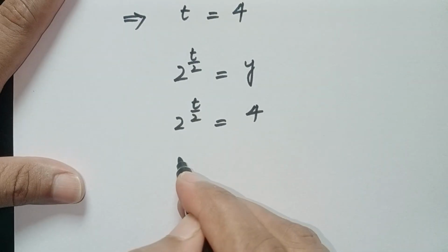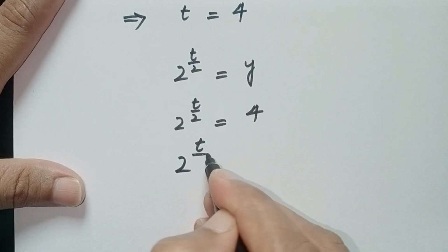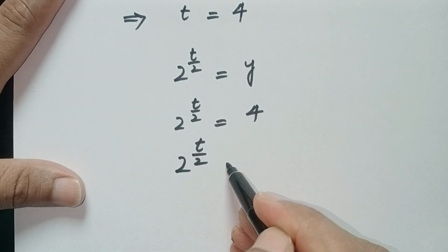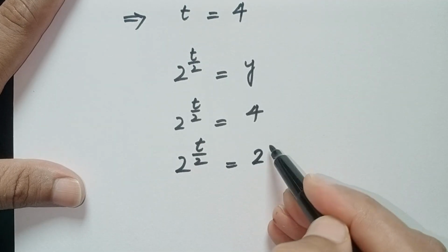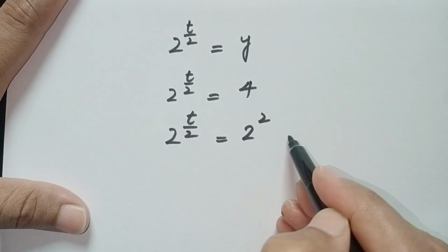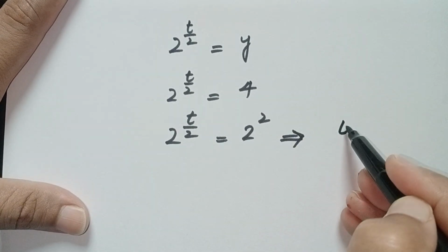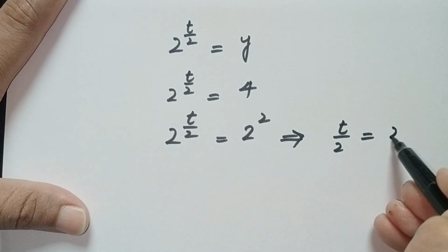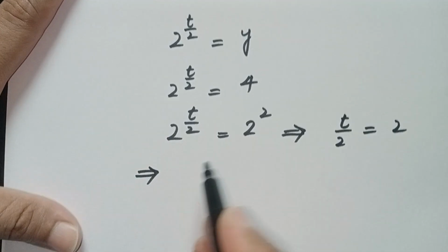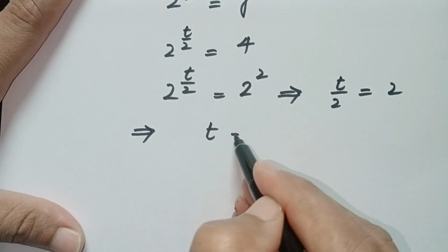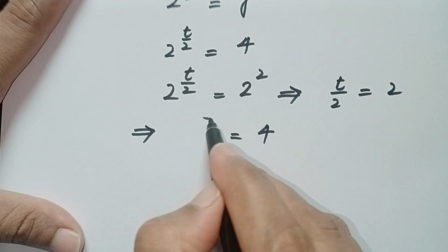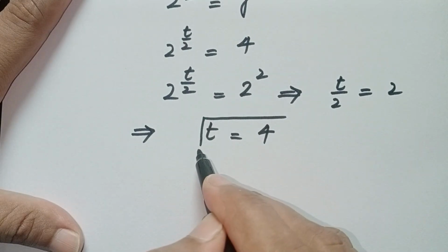In the next step, 4 can be written as 2 power 2. From here we have t over 2 is equal to 2, we can compare the powers. From here we have t is equal to 4. So the final value of t is equal to 4.